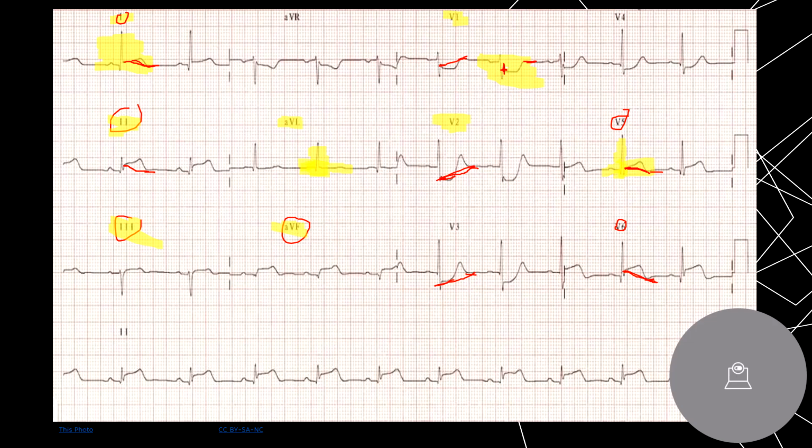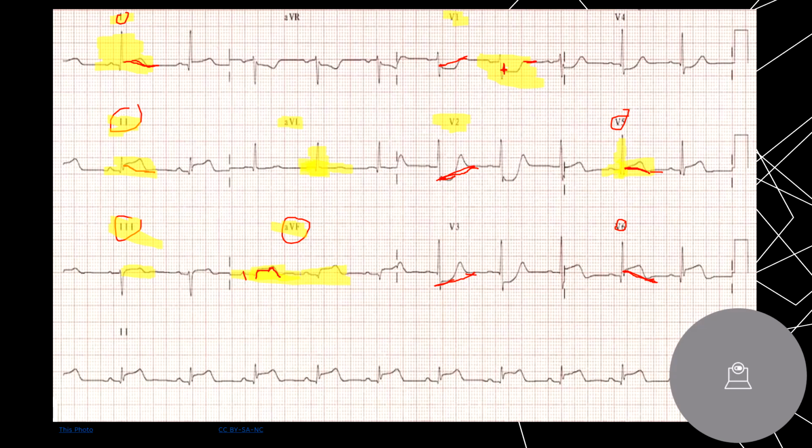Okay. So we said there's elevation in lead 2. Little elevation in lead 3 and AVF. AVF is really hard to read. It's hard to break apart. So let's break it apart. Okay, there's 2 complexes right here. P wave, QRS, your T is here.